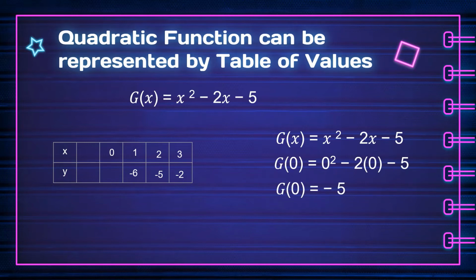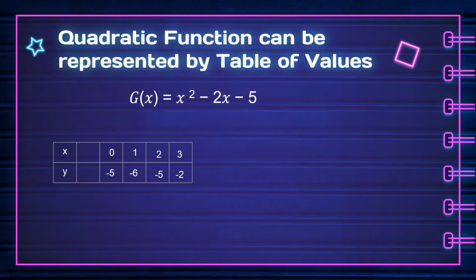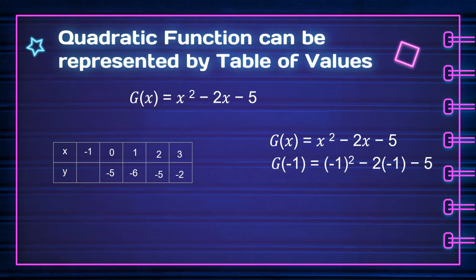And the answer is negative 5. So the value of y is negative 5. If x is negative 1, so let us solve the value of y. We have negative 1 quantity squared minus 2 times negative 1 minus 5. And the result is negative 2. So we have now y is negative 2.